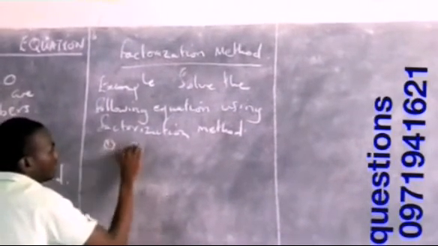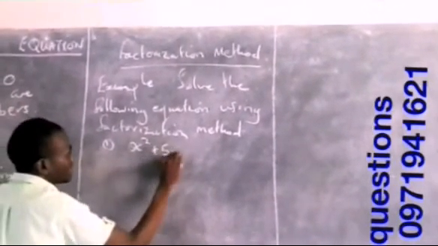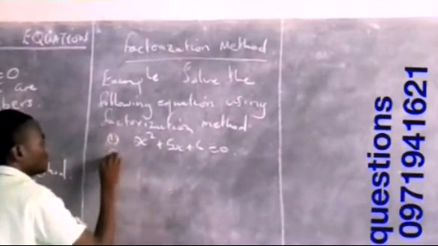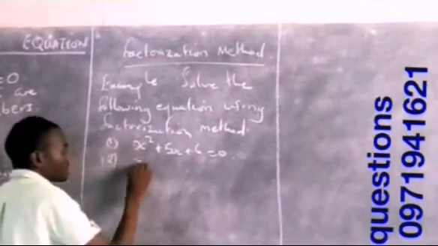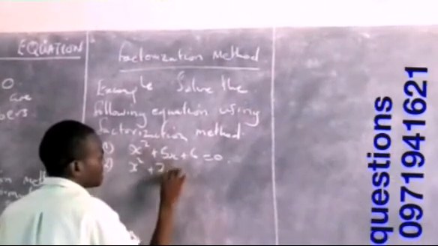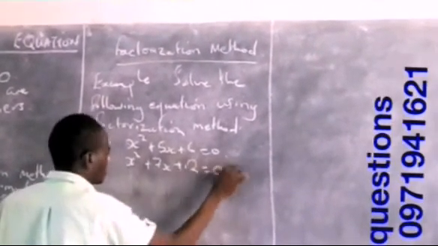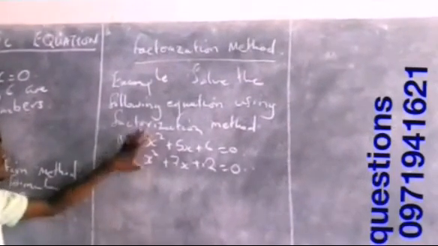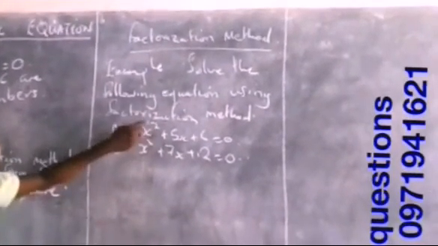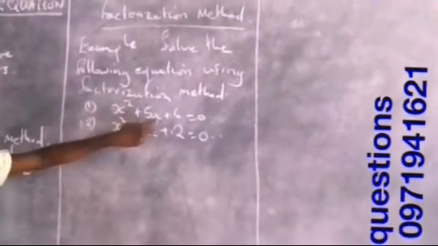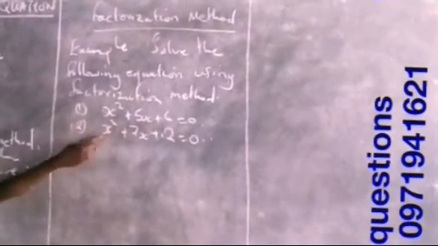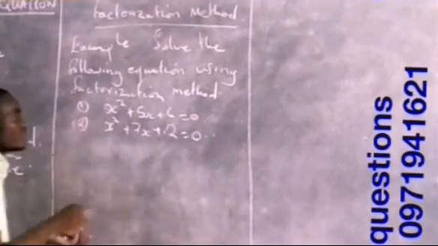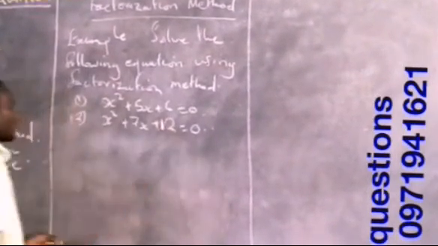Number one, x squared plus 5x plus 6 is equal to 0. Number two, x squared plus 7x plus 12 is equal to 0. These are the two examples that I have given.